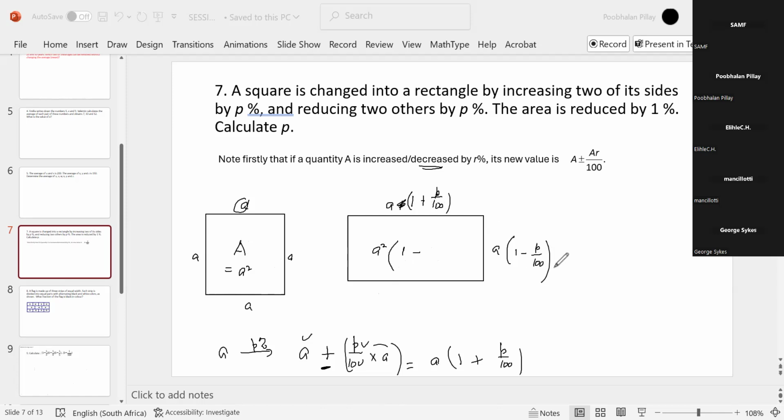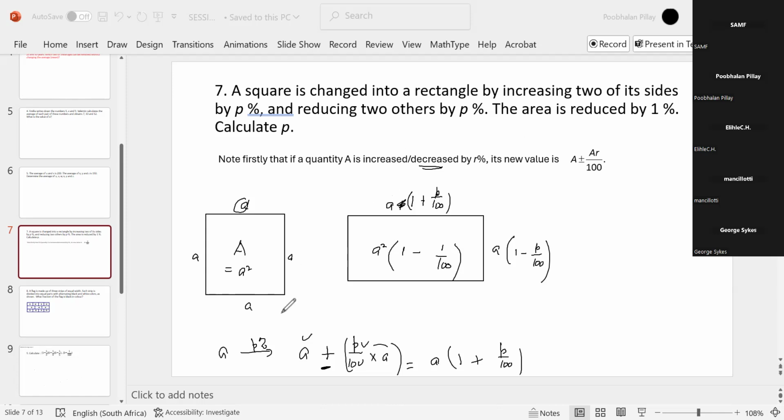When you decrease, it's 1 minus P over 100, but the P is given here. It's reduced by 1%, so it's 1 over 100. So the new area is the old area decreased by 1%. So you work out 1 over 100 of that, subtract it, and A squared comes out as a common factor.